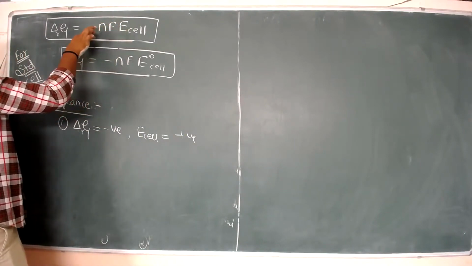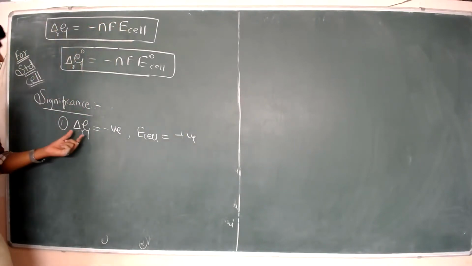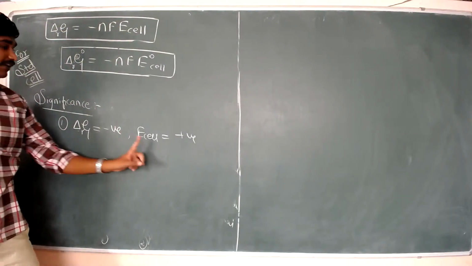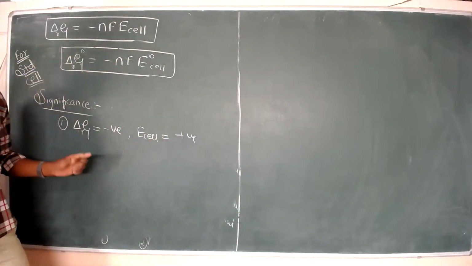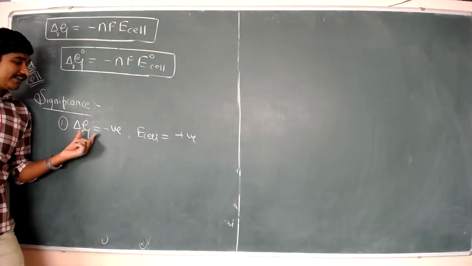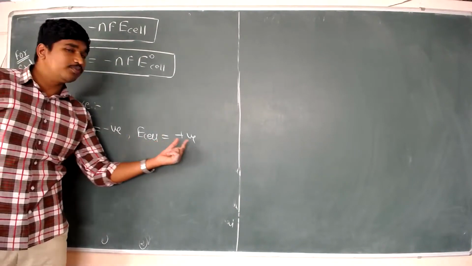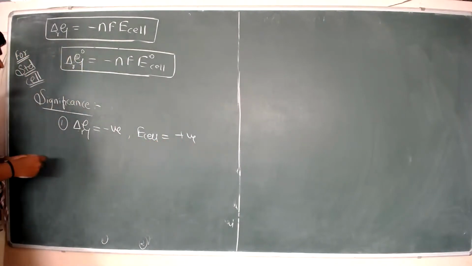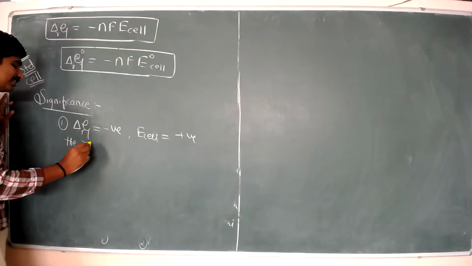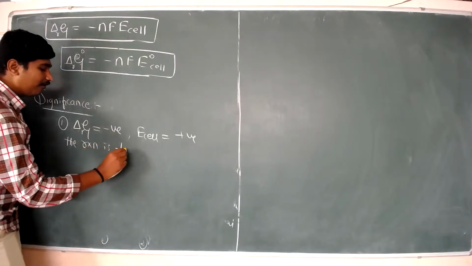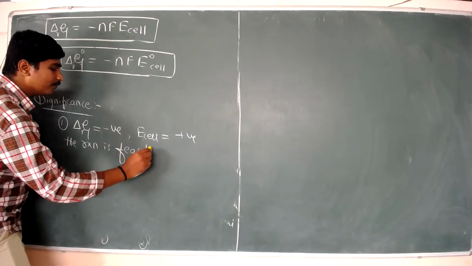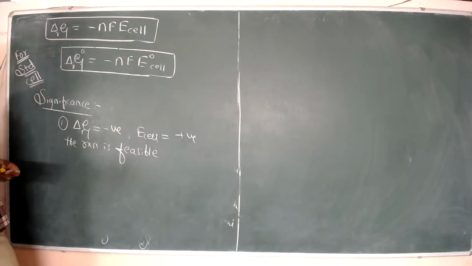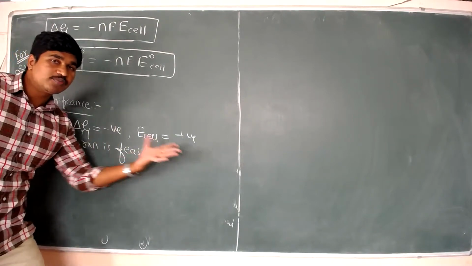Therefore, positive into negative is negative. Means delta G is negative only when E cell is positive. In this condition, the reaction is feasible and it is spontaneous.